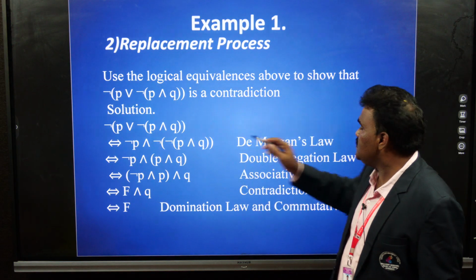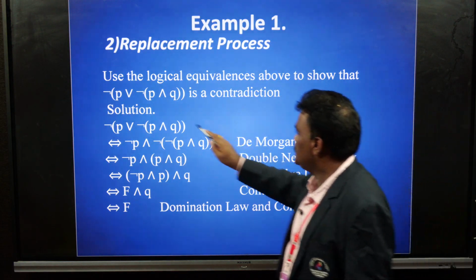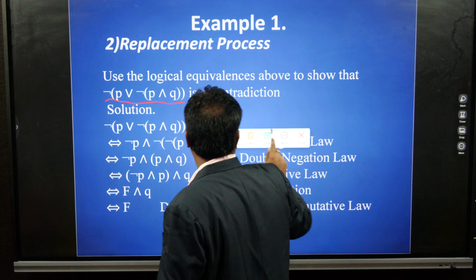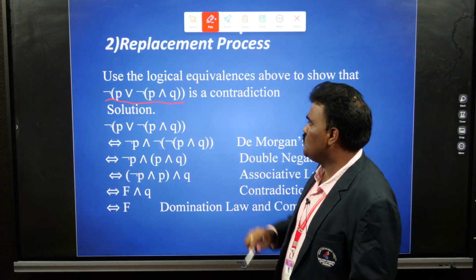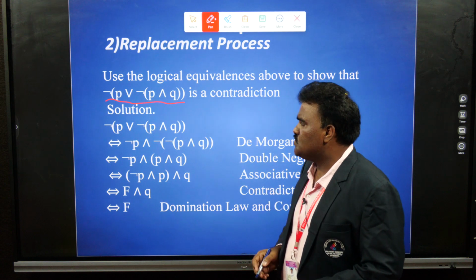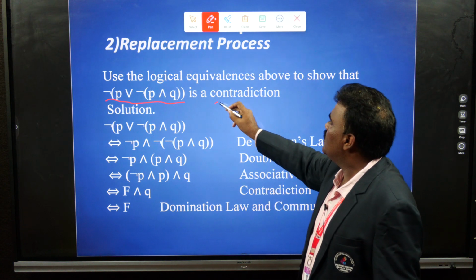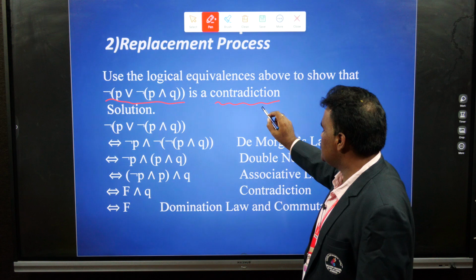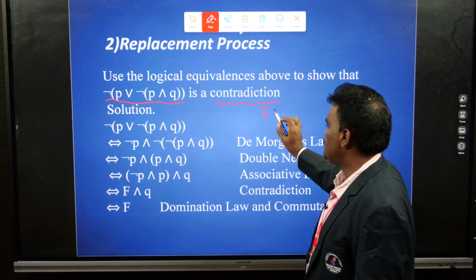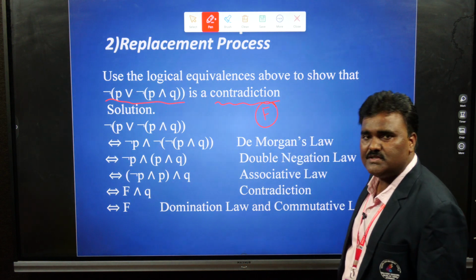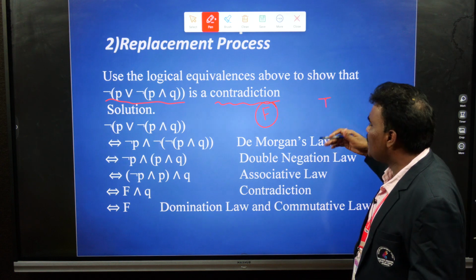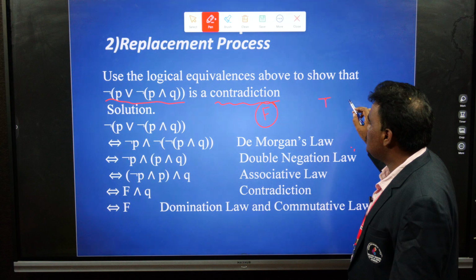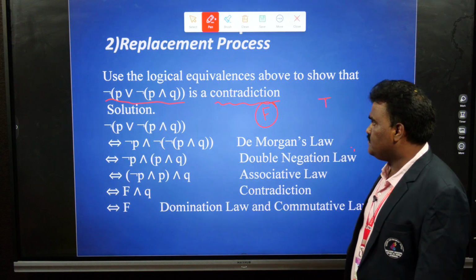The given statement: negation P or negation P and Q is a contradiction. Contradiction means the resultant truth table must contain the final result as false. If the resultant is all true, then that is said to be a tautology.